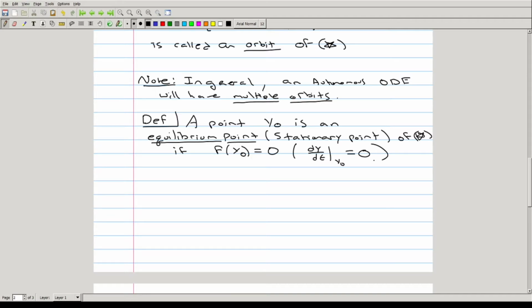So it turns out that these stationary points are really, really important for determining the qualitative behavior of solutions.